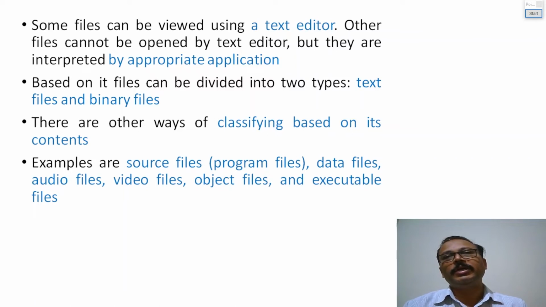If you open it, you see some garbage which you cannot understand. You cannot view it with a text editor, but the content can be played by an appropriate player like Windows Media Player.